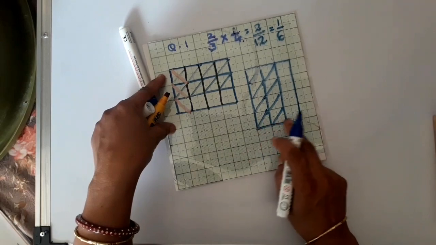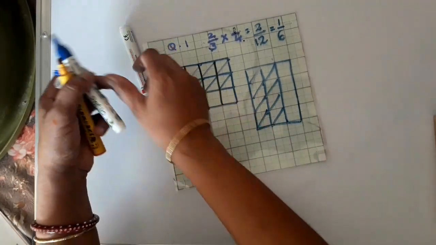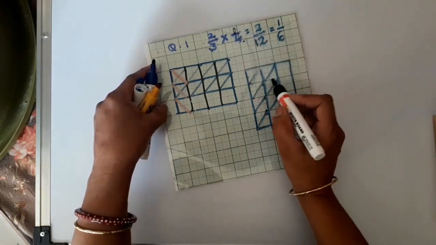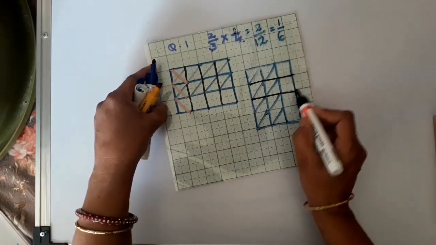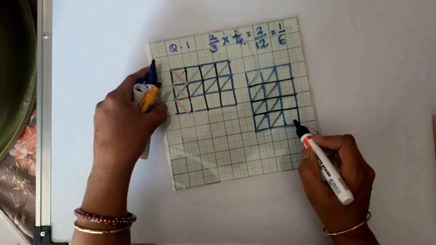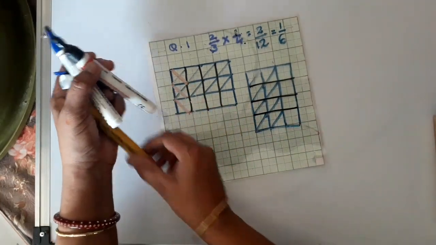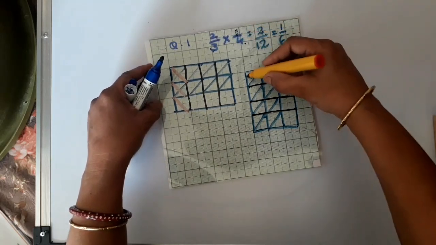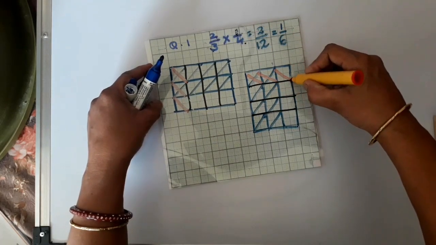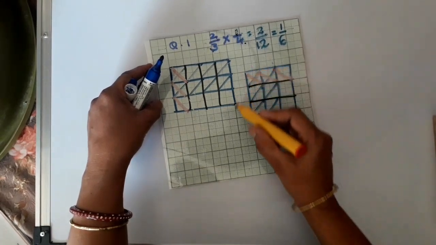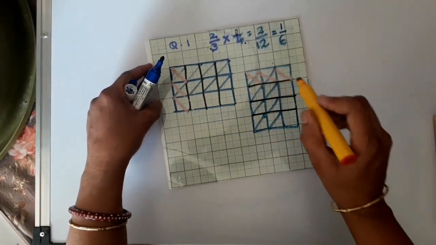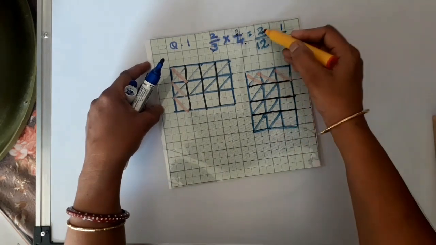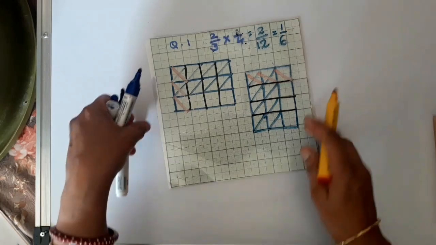So this represents 2 by 3, and then to represent the second fraction, I have to divide the thing into 4 equal parts. So here are the 4 equal parts. Out of 4 equal parts, I have to color one part. So here one part I have colored. Now you can see that out of these 12, 2 squares have both the colors, that is 2 by 12, that is 1 by 6.